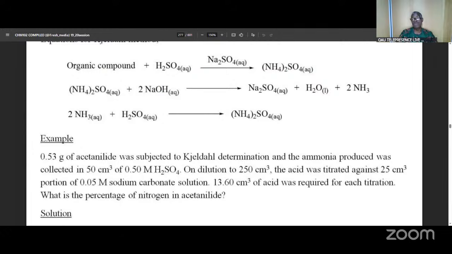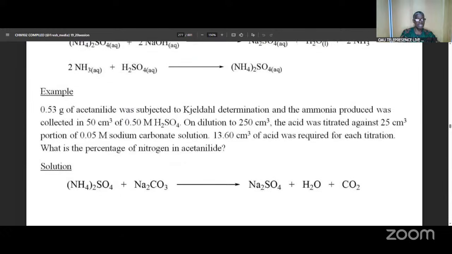Or, I'm sorry, ammonia solution. Now, the ammonia solution is back titrated with H2SO4, and we get the ammonium sulfate back.